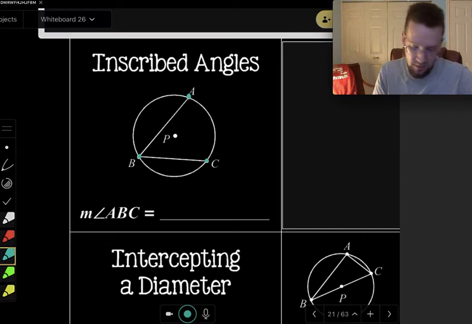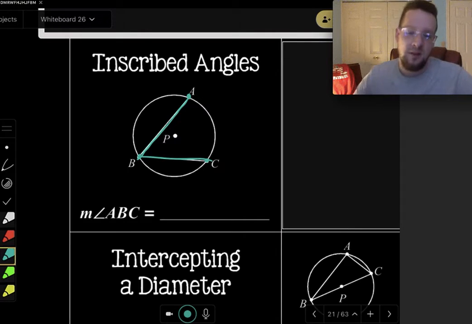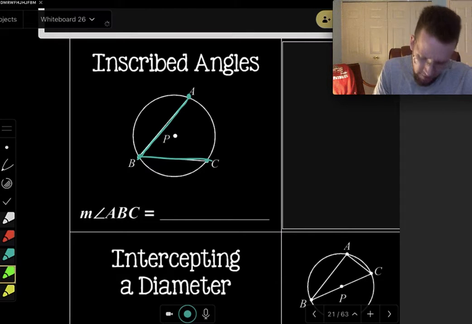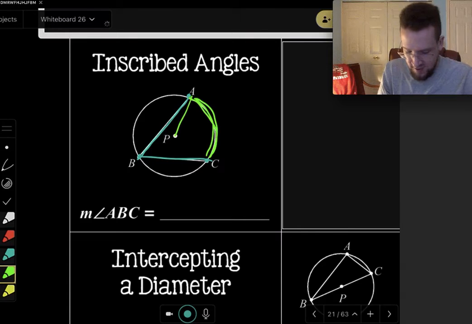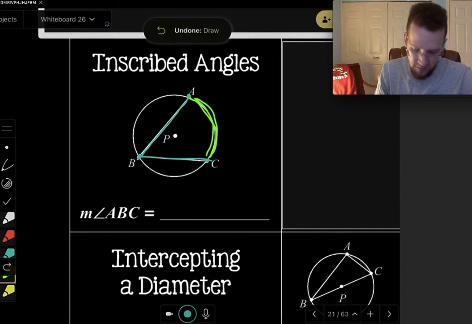So for this one, we have these two chords. Inscribed angles are formed by these two chords. So this angle ABC, what do we want to find? Well, if we want to find this arc measure, this inscribed angle, this arc measure AC.